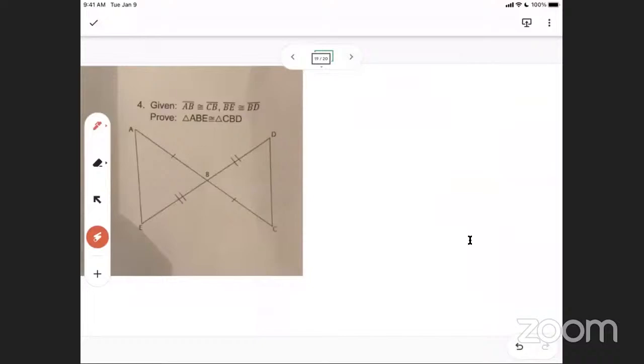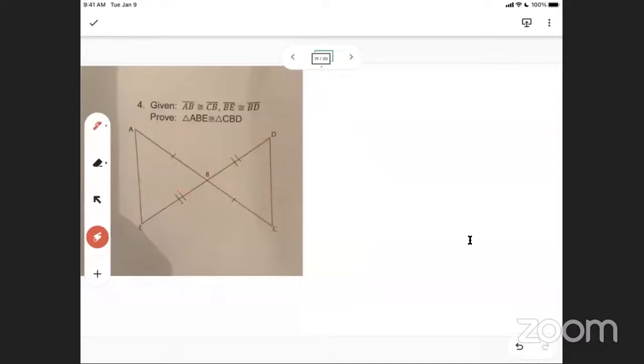All right, so given AB and CD are congruent, so here I have A and AB is congruent to CB, and they also told us that BE is congruent to BD. Right. And they want us to prove that those two triangles are congruent. So what do I need? I have a side and I have another side.